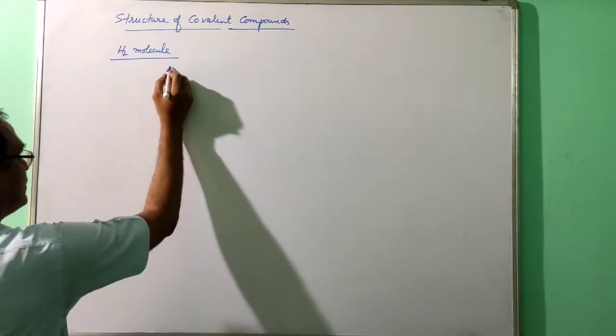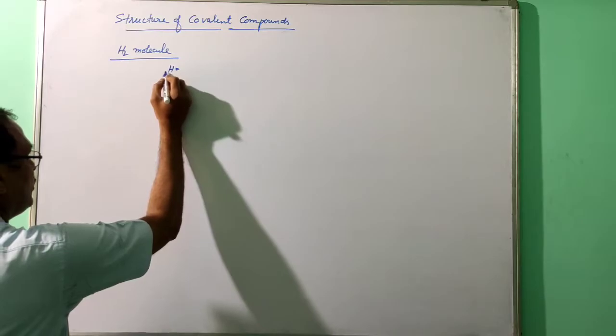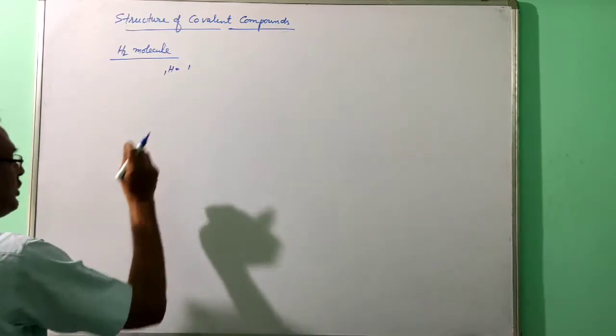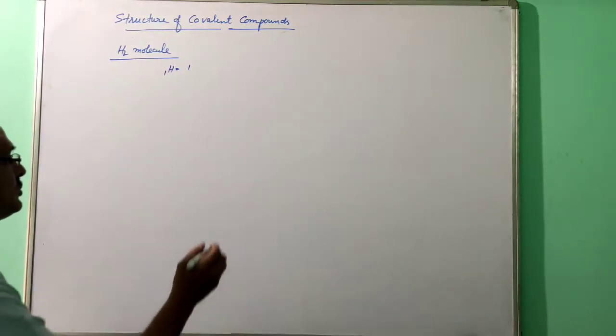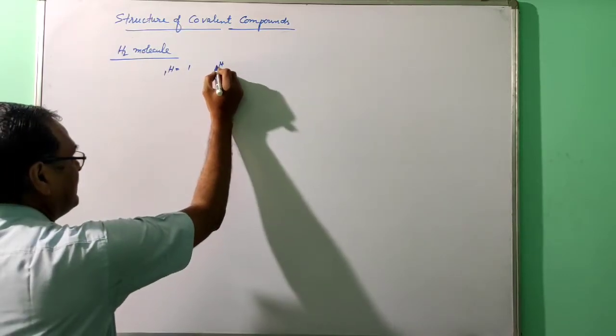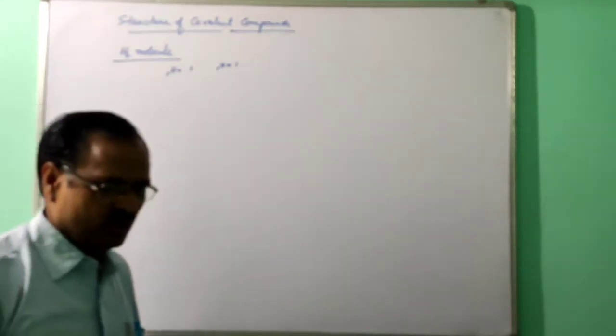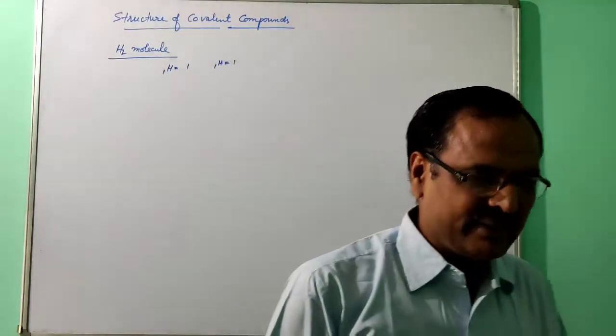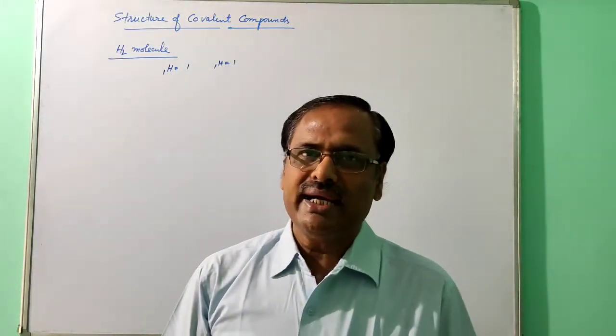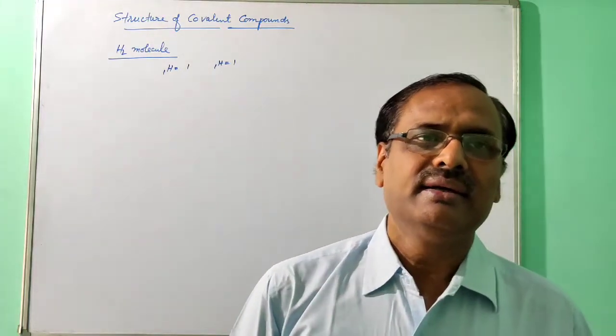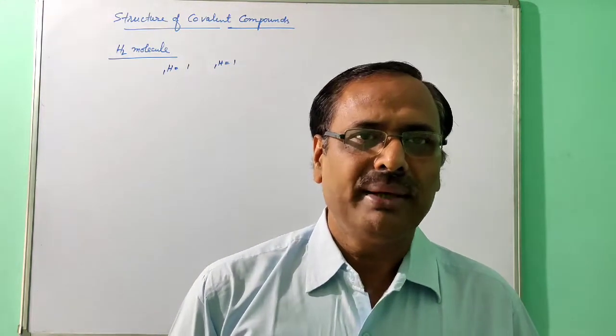Hydrogen, you know, has atomic number 1 and electronic configuration 1. So two hydrogen atoms are there and both atoms have 1 electron. If the atoms are similar, you can represent the electrons of both atoms either by dot or by cross.